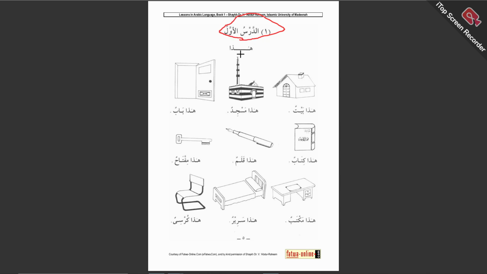Okay, and look, hadha. What is the meaning of hadha? You know better. Like sometimes we use in English this, that, those, it. So we also use it to indicate some basic words in Arabic language.